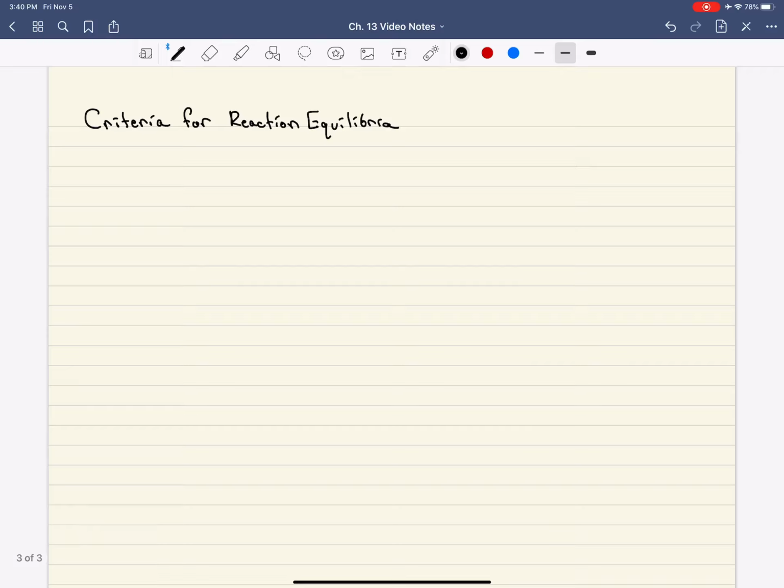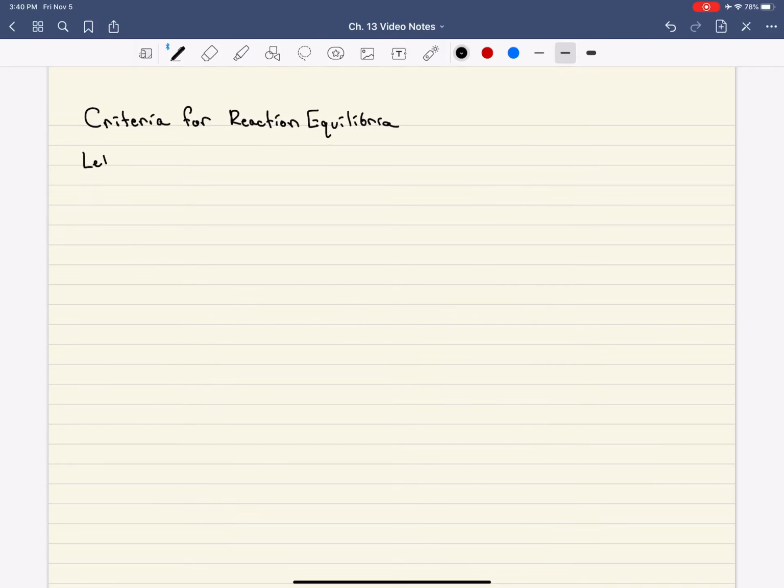To help identify what the criteria are, what we're going to do is first consider a couple of model systems. And so we're first going to consider a reaction in a constant molecules, volume, and internal energy system. Okay.